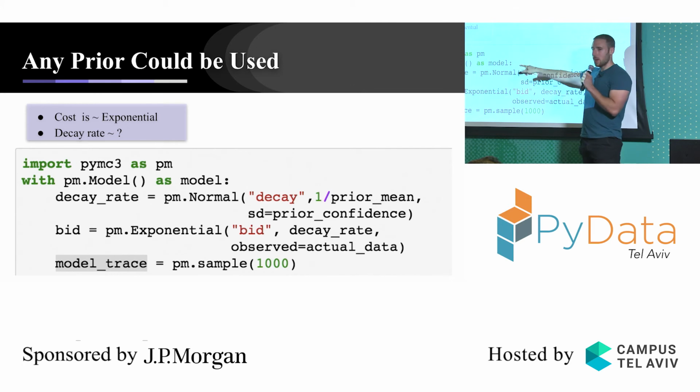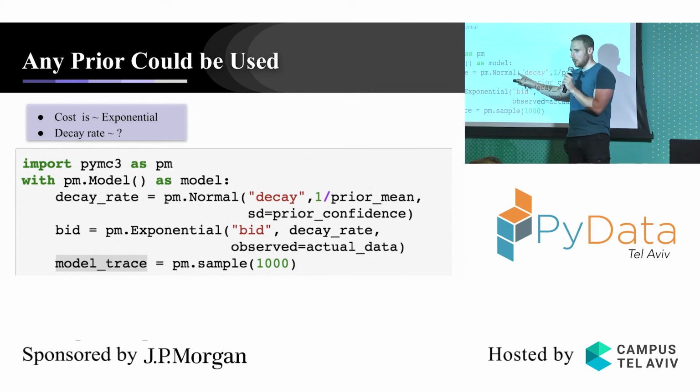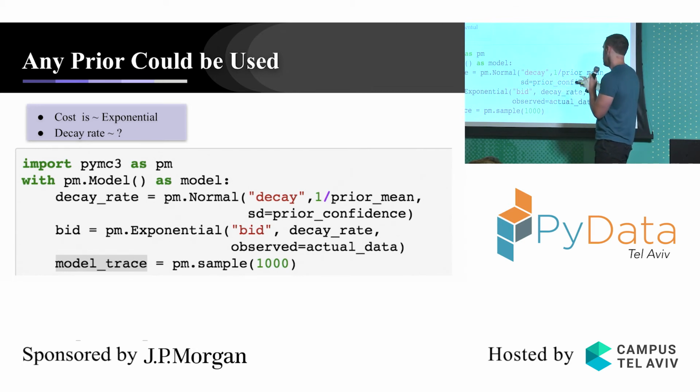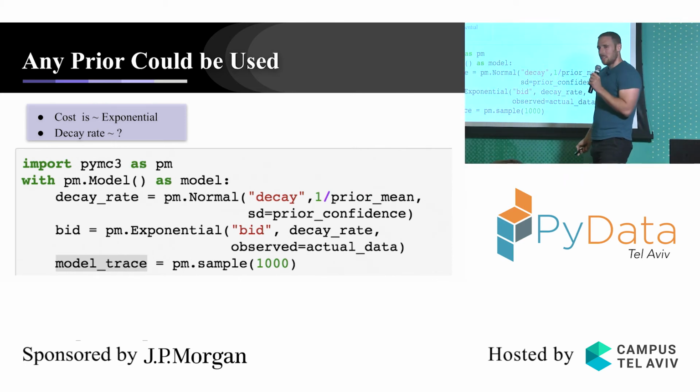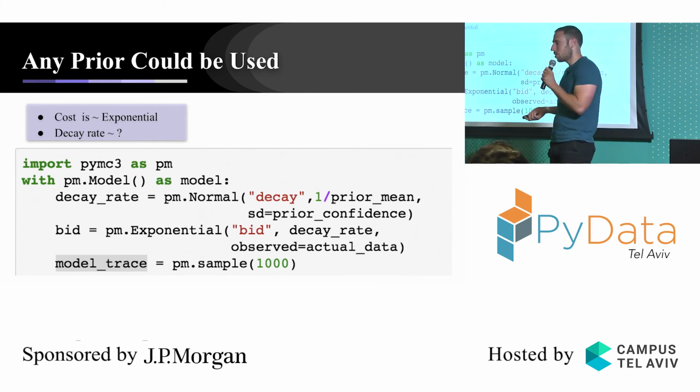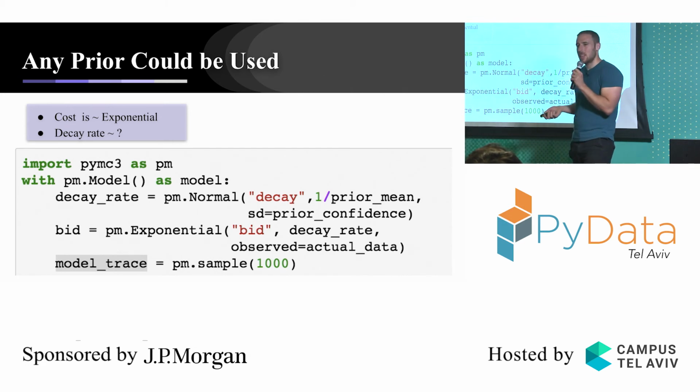This is how we use PyMC to define the belief distribution to be normal, meaning that I think the decay rate is going to be somewhere around this lambda, with this standard deviation. But running a simulation is costly. It might take some time. And as long as we're choosing the distributions, why not choose the easy one?